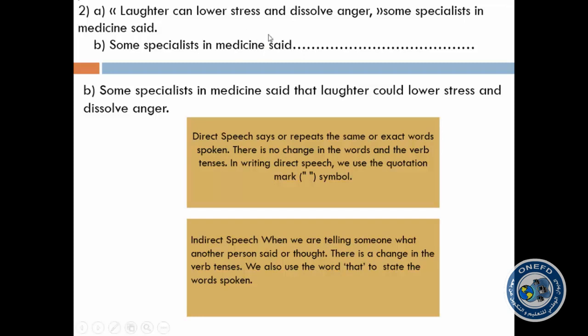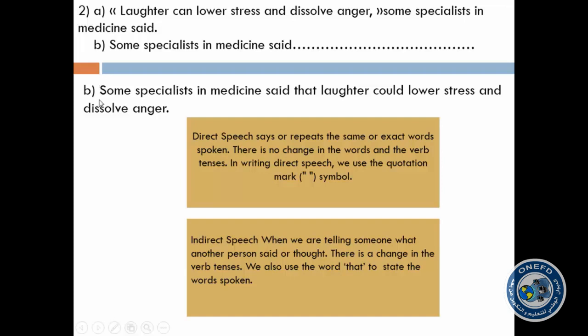But supposing the introductory verb was in the present simple, what would we do? For example, "Laughter can lower stress and dissolve anger." Some specialists in medicine say, instead of said. So I repeat, laughter can lower stress and dissolve anger, some specialists in medicine say. How can we rewrite it in indirect speech?